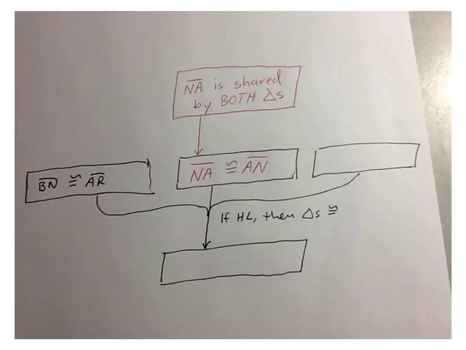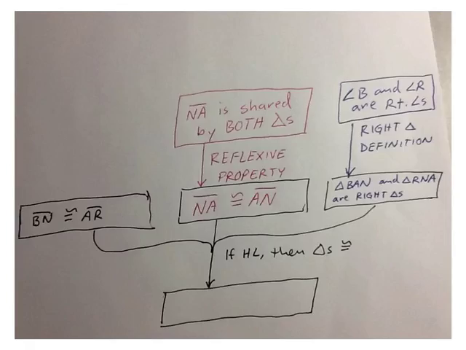Next, we want to establish that the hypotenuses of our two right triangles are congruent, and so we have that shared side NA, and the reflexive property guarantees that NA is congruent to AN. And then finally, we need to establish that we have two right triangles. Since both B and R are right angles, the definition of a right triangle says that these two triangles, BAN and RNA, must also be right triangles.